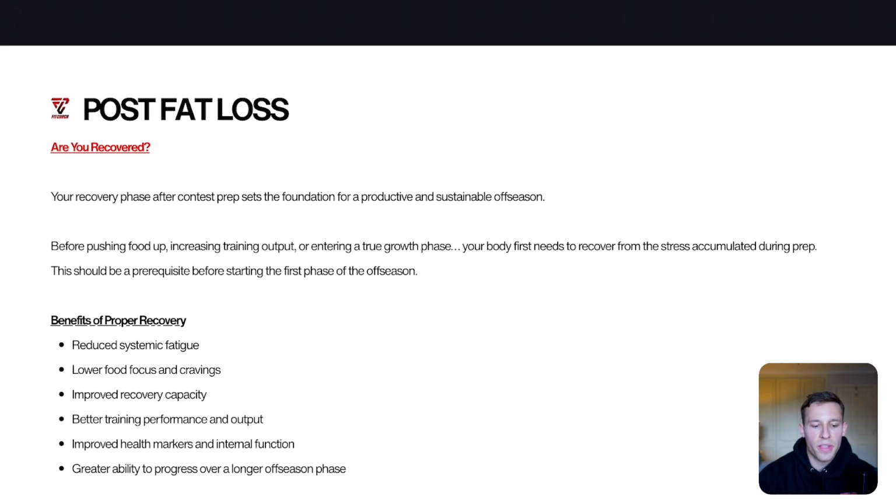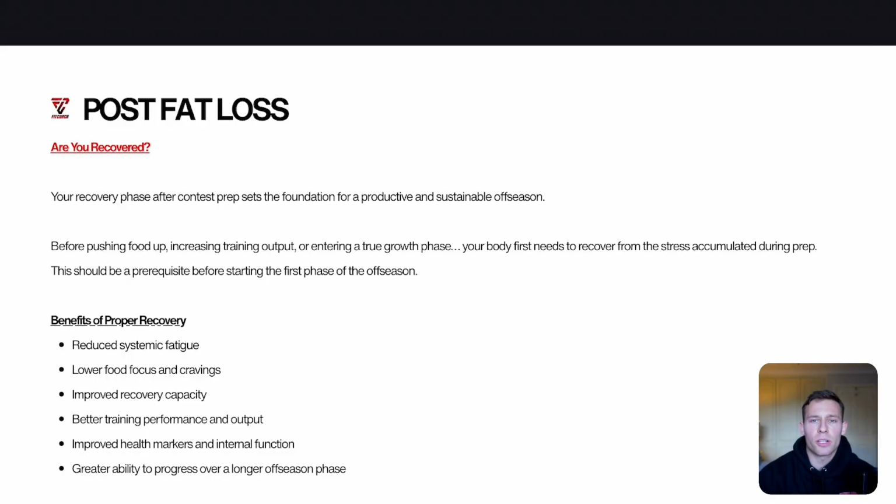Before you even think about pushing food up, increasing your training output, or entering a true growth phase, your body needs to recover. It needs to chill out from the stress that's accumulated during your prep.